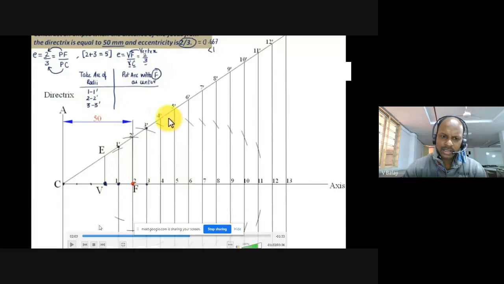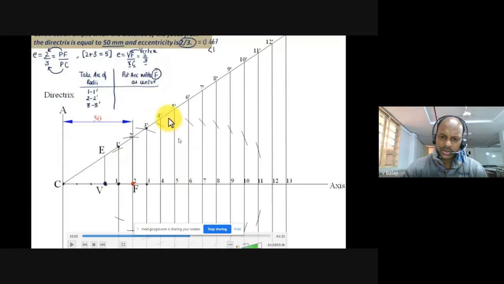If you keep on doing this procedure, 3 3 dash is the next radius. Now the focus is here. For 3 3 dash you need to draw the arc with the focus as the center of the compass. Don't draw from 3 as the center of the arc. Focus is always the center of the arc, but the radius is 3 3 dash.